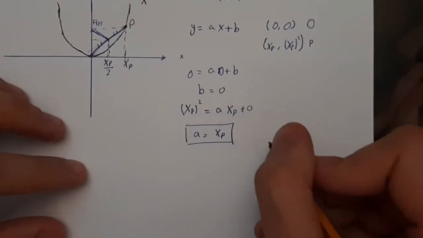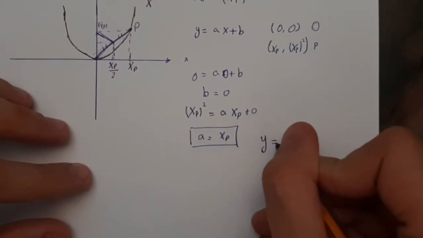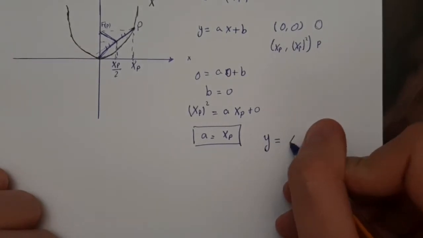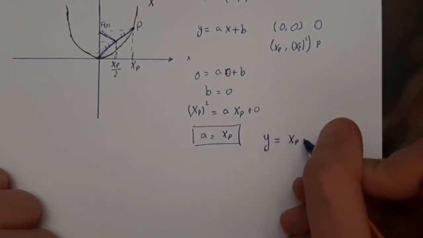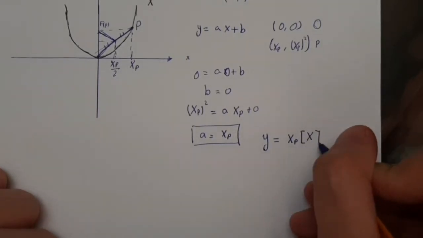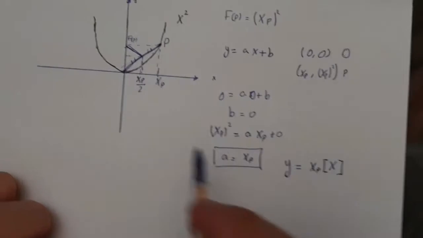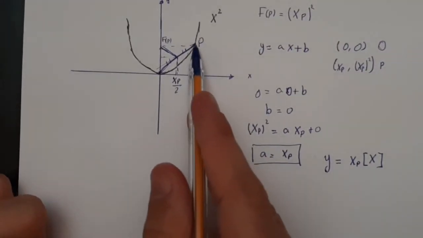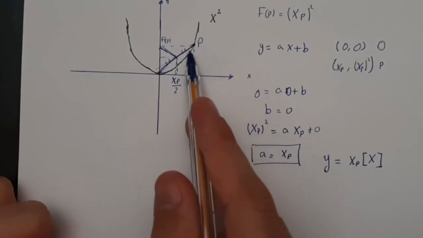So we have this information over here. So our line will be in this form over here. Our line will be of the form of xp multiplied by some x over here. Okay, some x. Now the thing is, it depends on where the point P you want to choose.